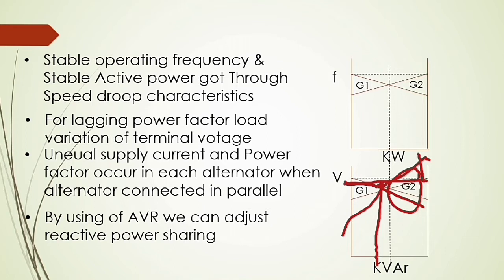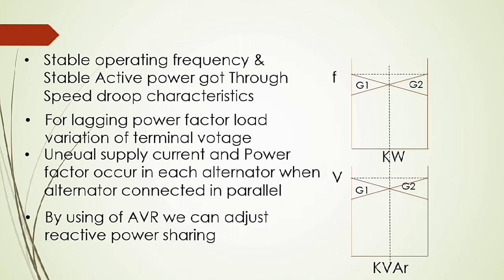So here you can see the unequal sharing of reactive power. This is due to the large current flow or due to the power factor. We will see in detail in this video.